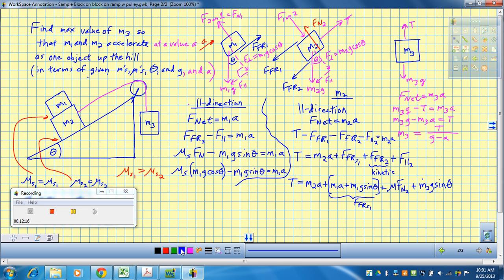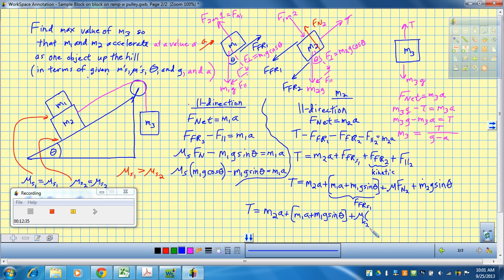This normal force has to balance out this, and it has to balance out that, which equals this. So my next statement is tension equals m2a plus that whole mess, m1a plus m1g sine theta plus mu kinetic 2. I should be specific about what mu I'm using.